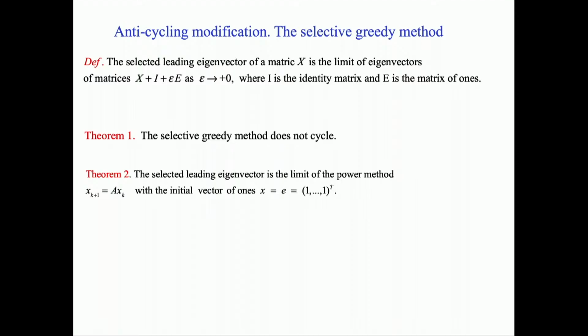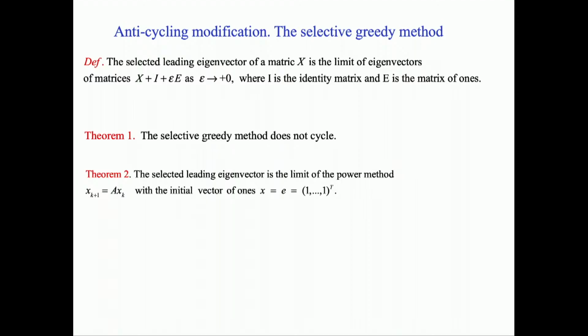Of course it can be found easily if we take the canonical Jordan form, but for high dimensions this is impossible. And this generalized eigenvector can be computed as follows. This is the so-called selected leading eigenvector.